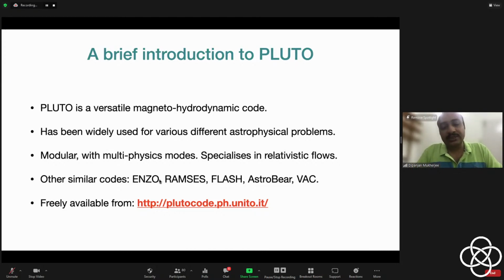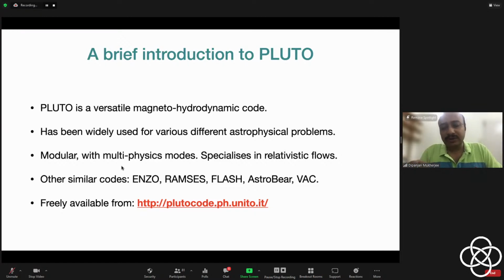Although all of these codes can address any given physical problem, provided they have the capabilities to handle that. For example, Pluto has a very well-defined Riemann solver for handling relativistic flows. So this is not GRMHD. So no variation of space-time, but bulk flows that are relativistic.